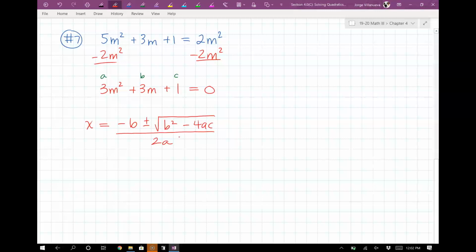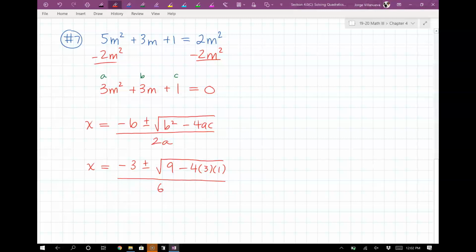So let's see. x is equal to negative b. b is 3, so it's going to be negative 3 plus or minus the square root of b squared, that's 3 squared, that's 9, minus 4 times a times c. So 4 times 3 times 1. And divide that by 2 times a, which is 6. 2 times 3.